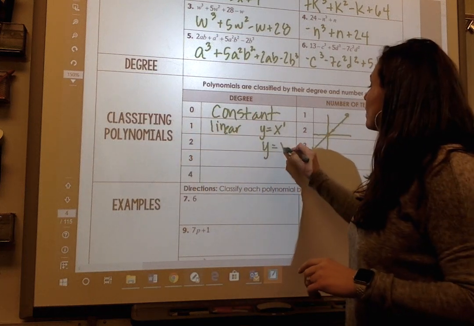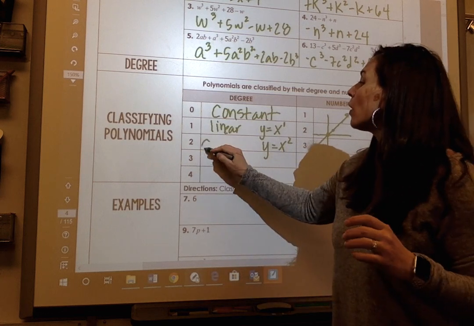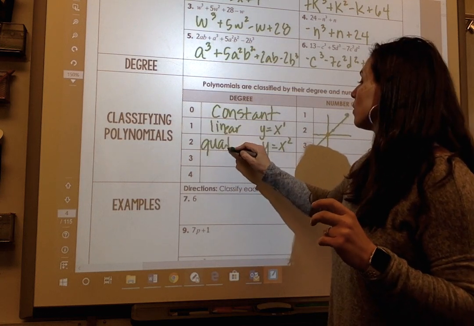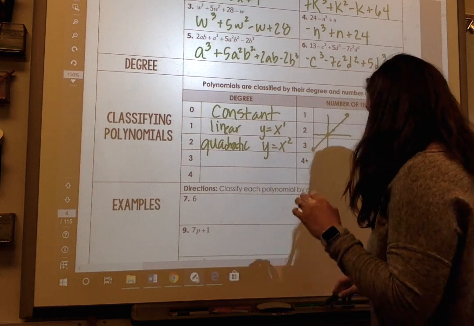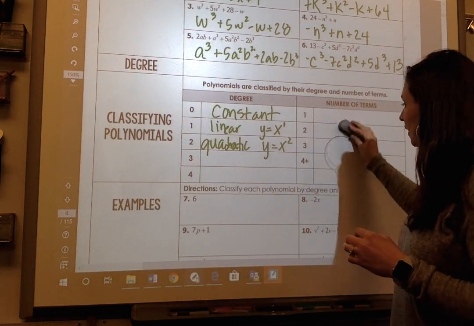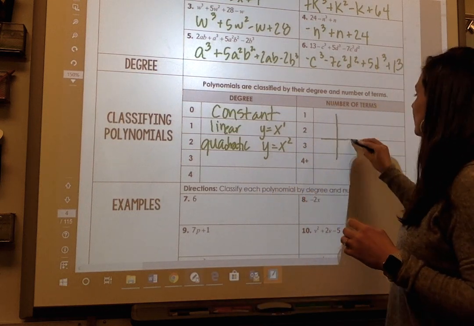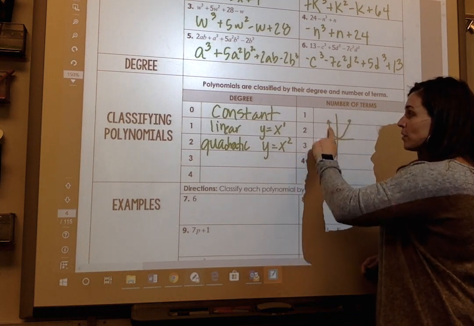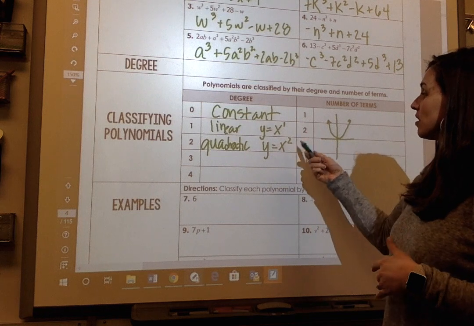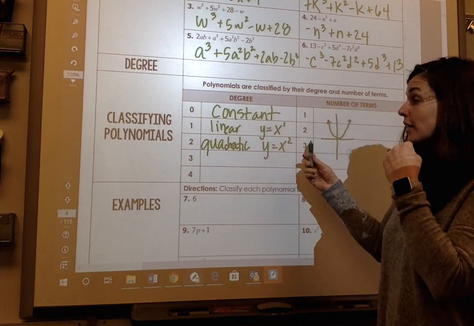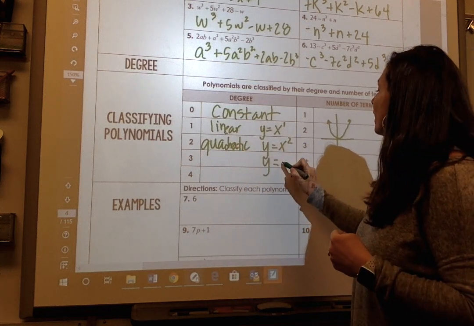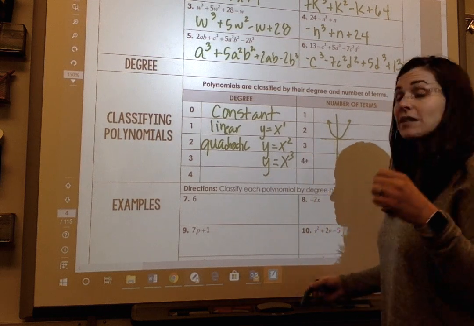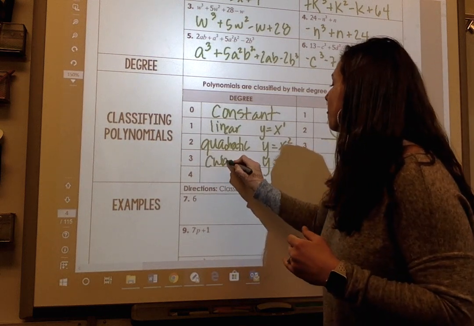When you have y equals x squared, that's a quadratic. And the parent graph of a quadratic looks like this. It makes a parabola. That's the shape. So that's a quadratic. X to the second degree. So the second degree is quadratic. When you have y equals x cubed, that's a cubic function.